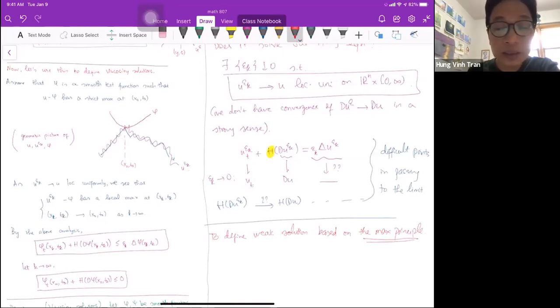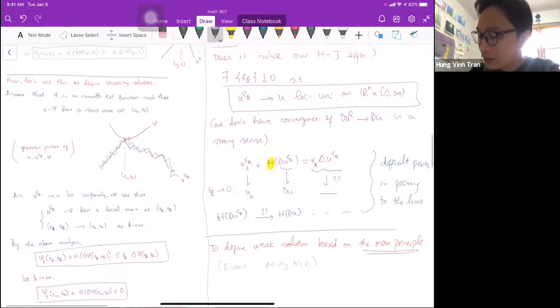The definition we are using here is due to Evans, and it is based upon something called the Minty trick. What we are doing is that we are not going to deal with those difficulties, the nonlinearity here, and we have no idea about the convergence of the Laplacian here. We're going to try to pass the difficulty to the test functions, and it's really beautiful.